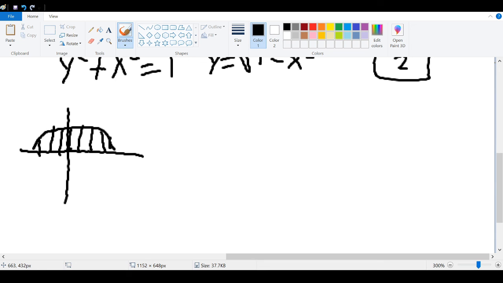Well, that's just the area of half a circle. So we can just use the familiar formula pi r squared. Here our radius is equal to 1, and so we're left with pi, but since we have half a circle, we just divide by 2, and we get the exact same answer 2 different ways.